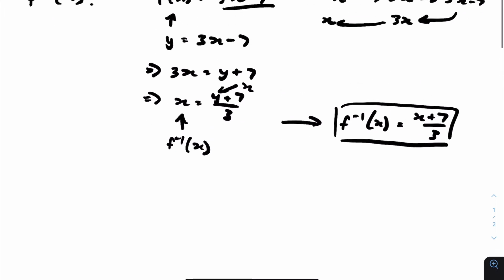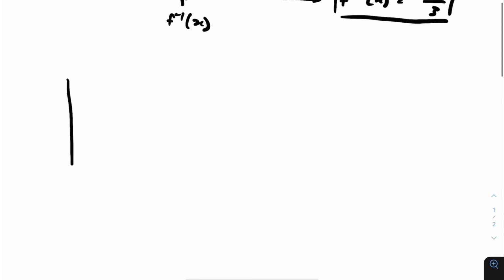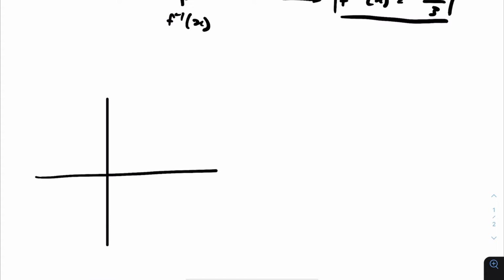The other way we can solve for an inverse is if we have a graph. Let me draw a straight line. So we have a coordinate plane like this. Not very good, I know, but it'll do. And let's say we have the line y equals x squared, but we'll restrict it to only above 0 just for the purposes of this.